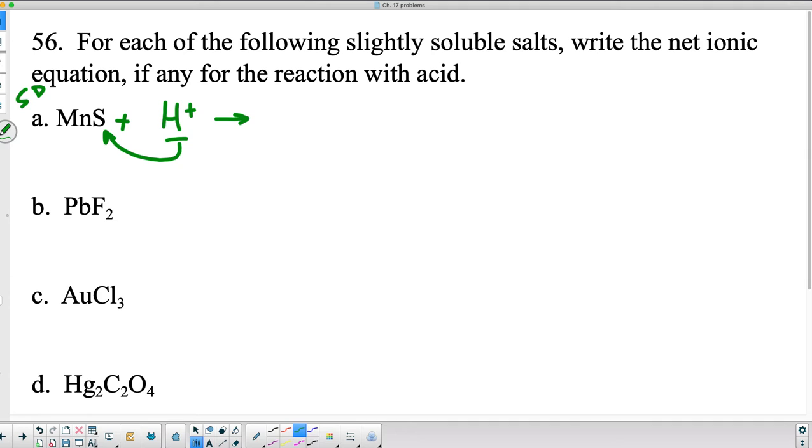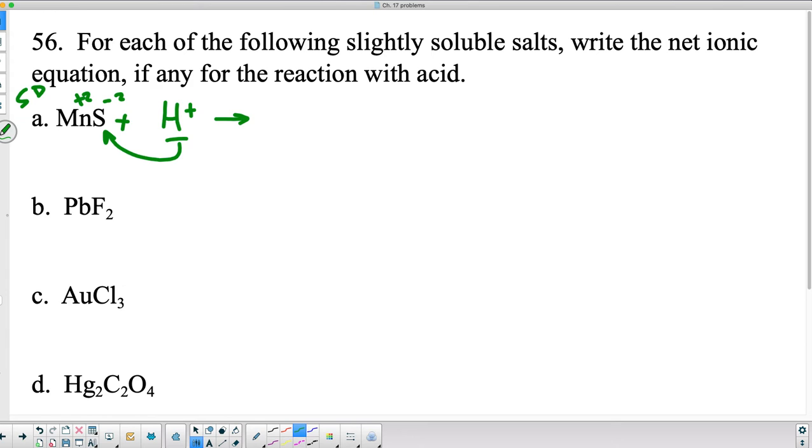So if I have MnS, first of all, we should know it's a +2 and a -2. Sulfur is always a -2 when it's by itself in a compound, not in a polyatomic ion. And Mn can be a +2 or a +3, but in this case, since there's no subscripts, it's a +2 and a -2.